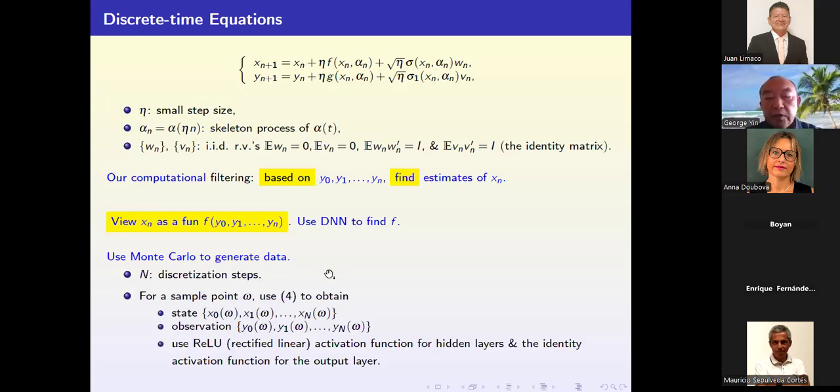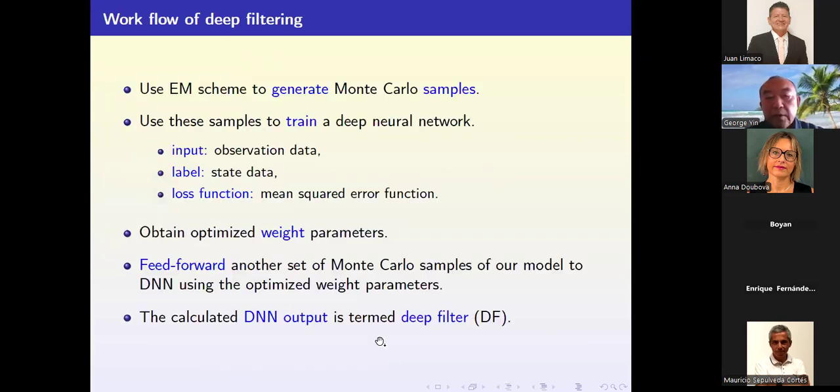Then we use the state and observation pair to construct the solution. I will say a few more words about that, but basically the output depends on what mapping you are using. We are using the so-called rectified linear activation function for this.